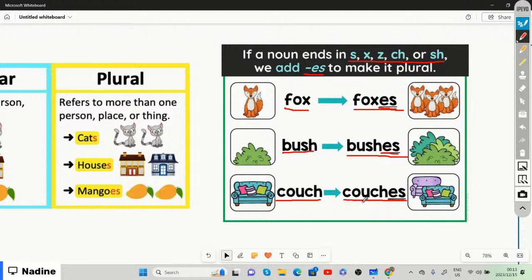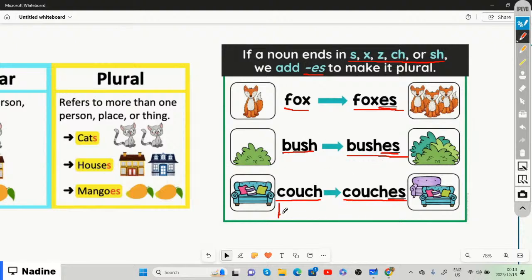Even if we were to say bus, one bus, which ends with an s, more than one, or two, or three, or four, or five buses. We basically just add the es.